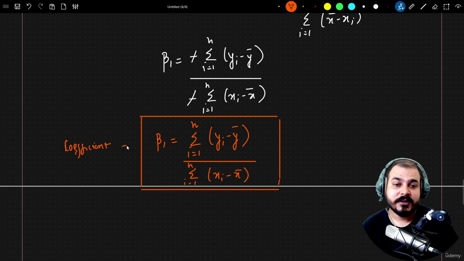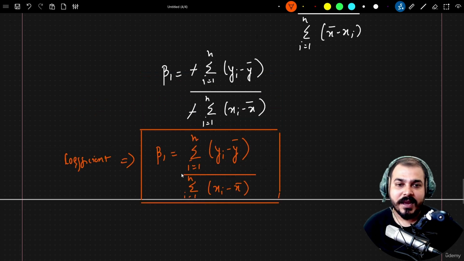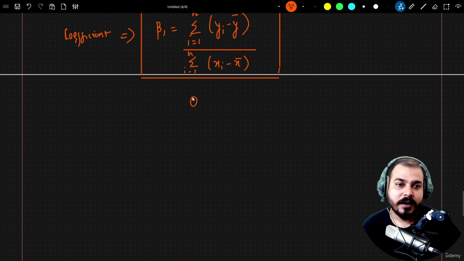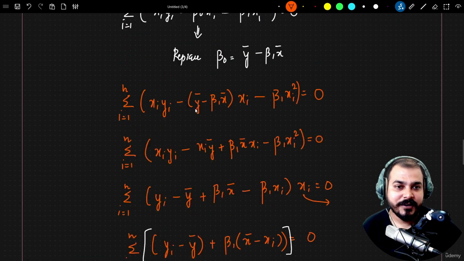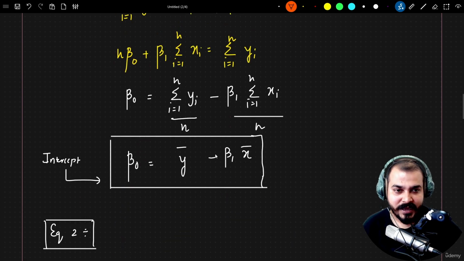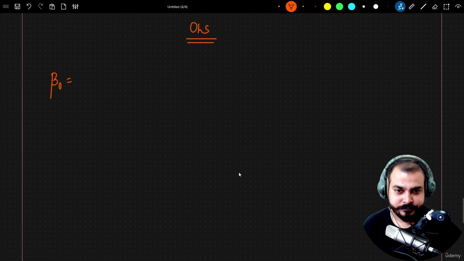So finally I have actually proved to you that with the help of OLS, if you really want to calculate beta 0, then the formula is given over here, which I have proved: y bar minus beta 1 into x bar.